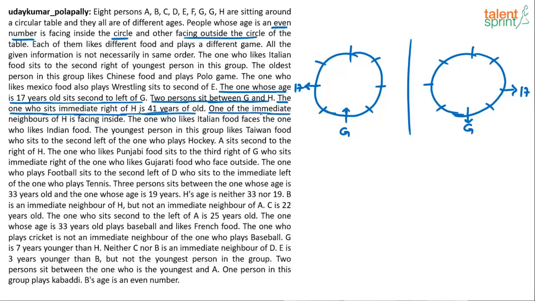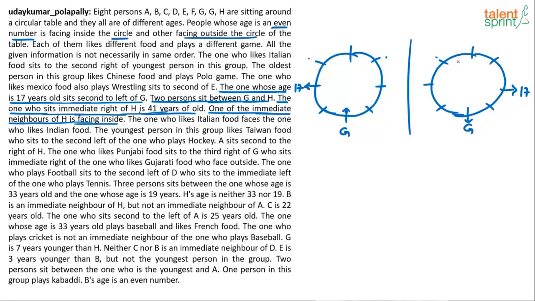And one of the immediate neighbors of H is facing inside. So I think these are 3 connecting statements. Now this will help us fix the position of H. I'll tell you how. For example, if G is here, we know that there are 2 persons between G and H. So H can come in this position, or in this position. So these are the 2 possible positions for H.